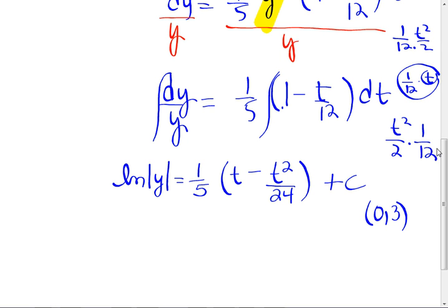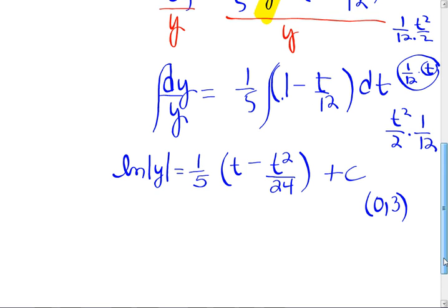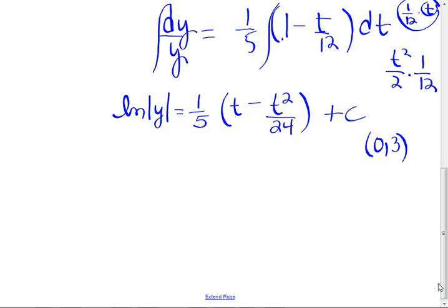Okay, Marshall, what do you do next? Solve for C. Now you could solve for y, but if you do it wrong, you're wasting your time. So always get C first.